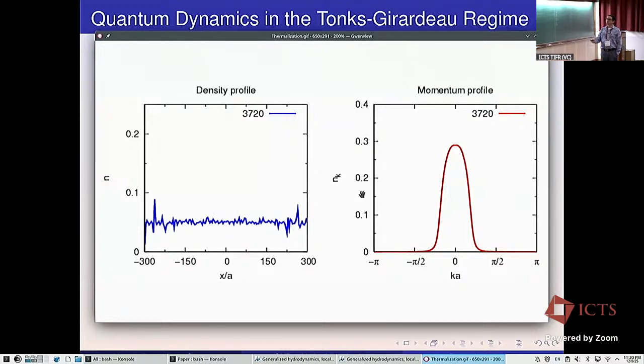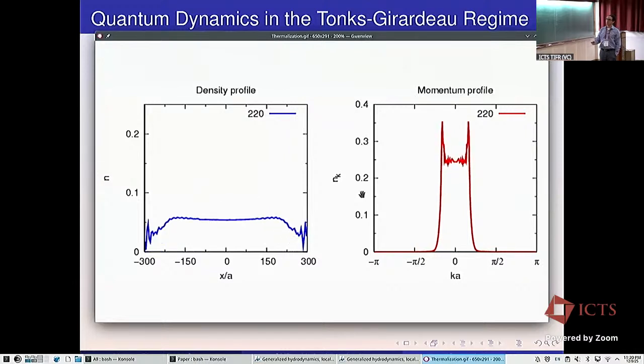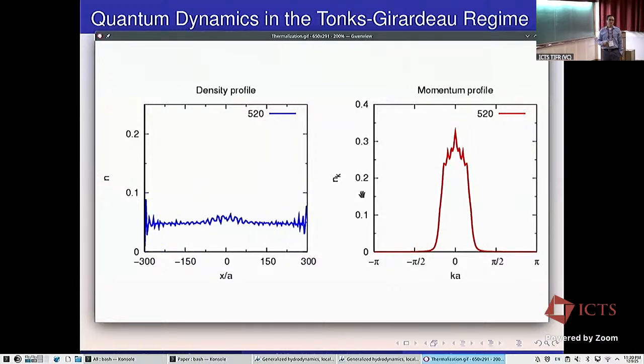You see that after some time, the density becomes homogeneous. This happens on some time scale of the hopping amplitude. The density becomes homogeneous and the momentum distribution of the bosons stops changing in time.